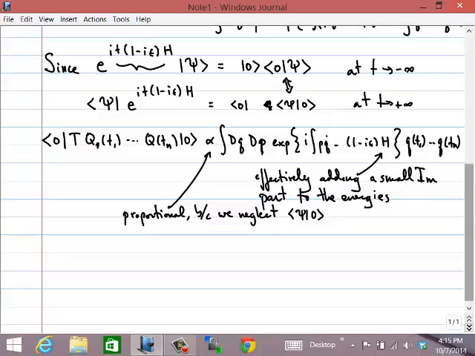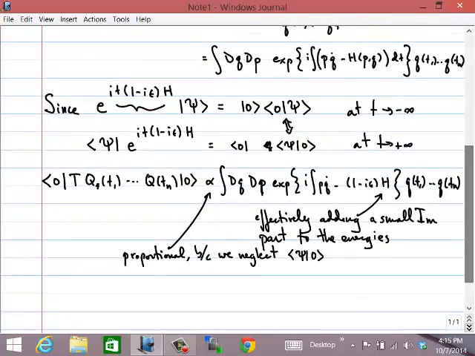Question? Yeah, unless I made a mistake, all I did is I rewrote this equation, except where I added a factor of 1 minus i epsilon here.